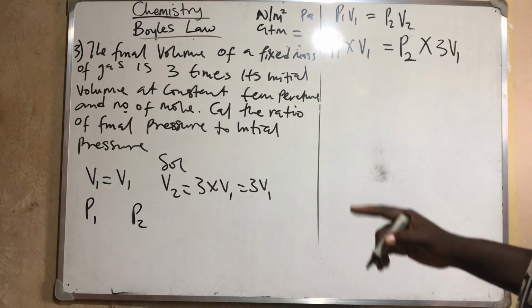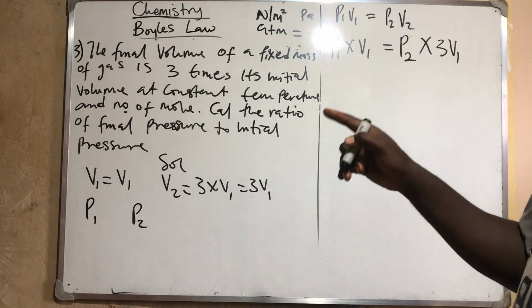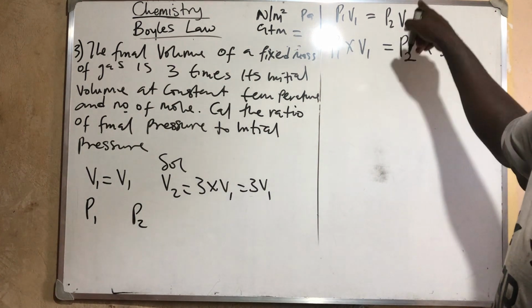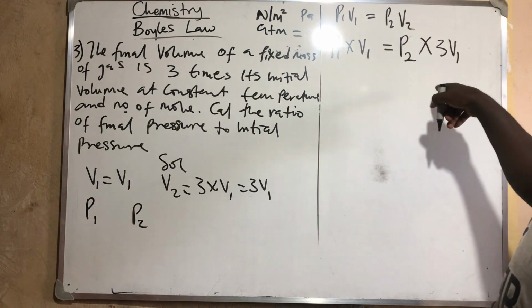And they said find the ratio of the final. They mentioned the final before the initial, so the final should be on top and the initial below. Are you getting me?